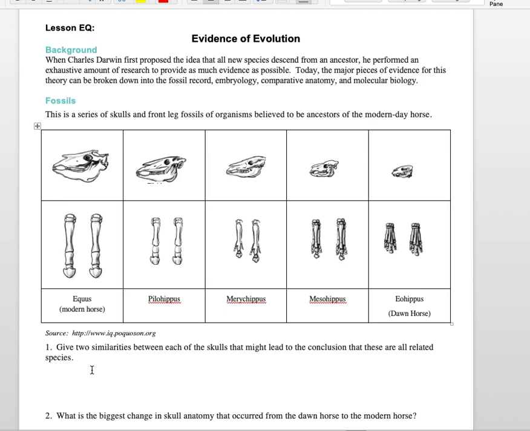So for number 1, it asks you to give 2 similarities between each of the skulls that might lead to the conclusion that these are all related species. If we look at the fossil record, 2 similarities between each of the skulls.